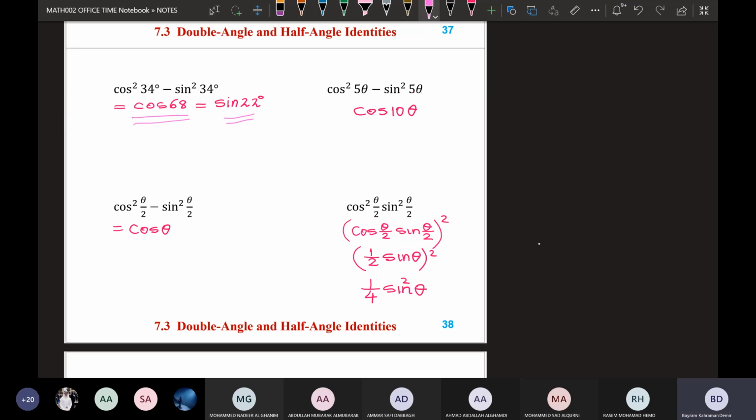Now, when you square it, the half will be 1 over 4 times sine square theta. Okay, these are nice practice, and some of them are exam questions, of course, most of them.